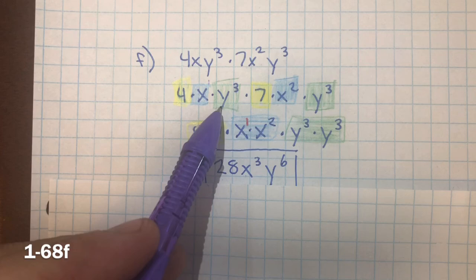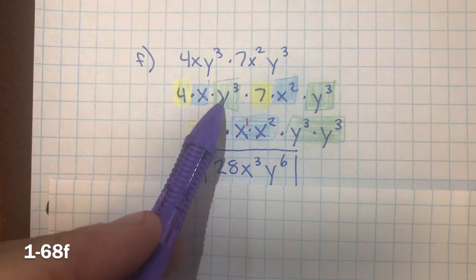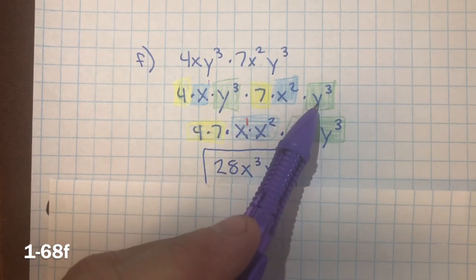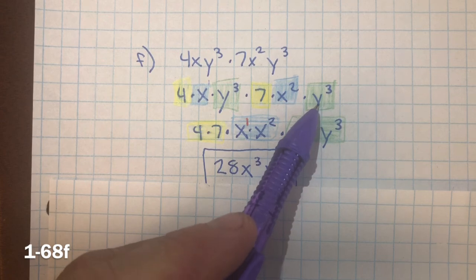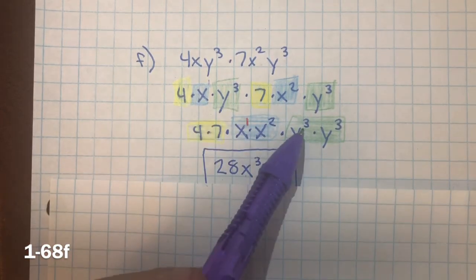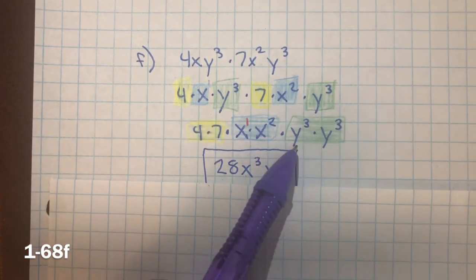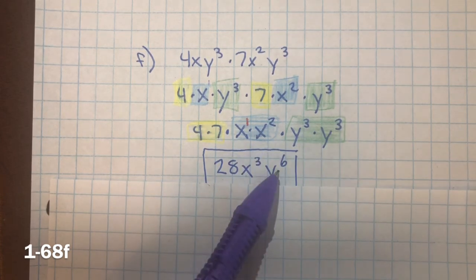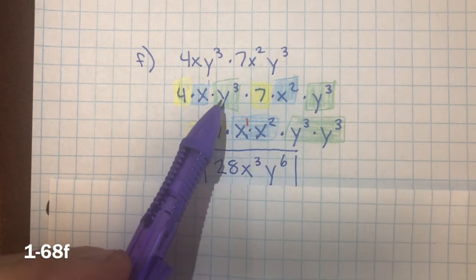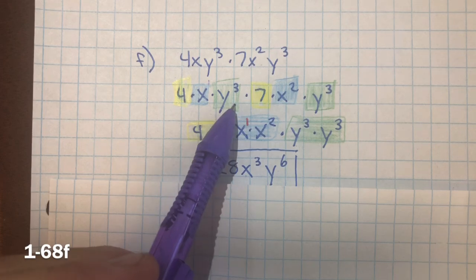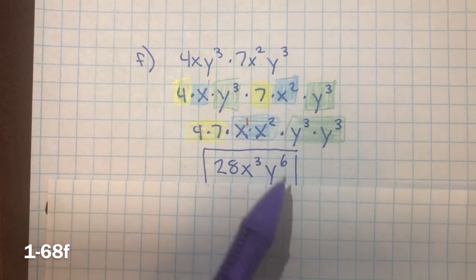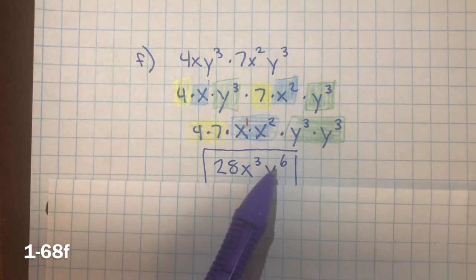And then here y to the 3rd, we have 3 y's multiplied, and 3 more y's multiplied. So we add those together. 3 plus 3 is 6. If we were to expand this, it would be y multiplied by y multiplied by y. And same for that, and we'd have 6 y's being multiplied.